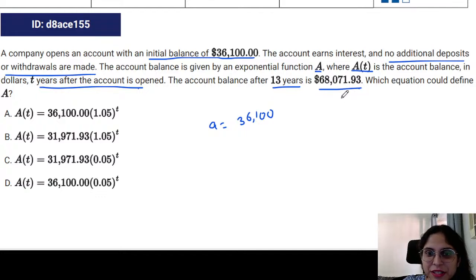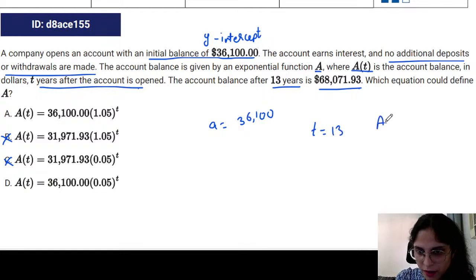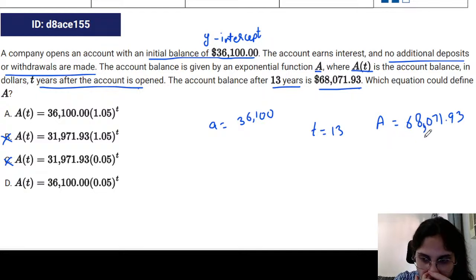So here first you will need to find the factor, because they have not given you the factor. So this is your y-intercept, your A is 36,100. So these two options are already gone. You don't need to solve for anything. When t is 13, your account is 68,071.93. So your account is increasing, the money is increasing.